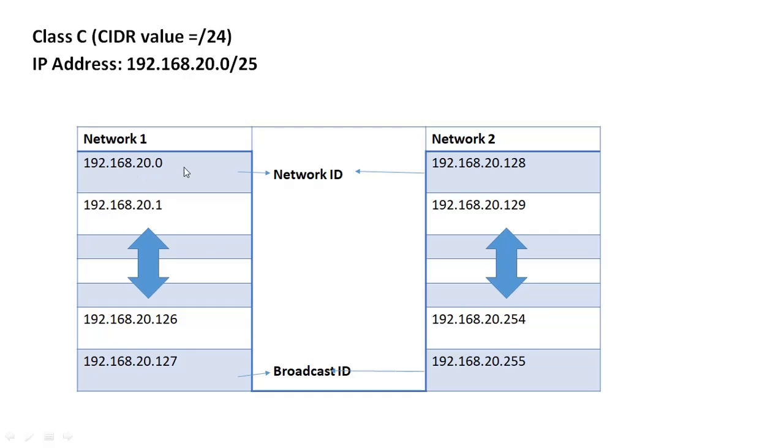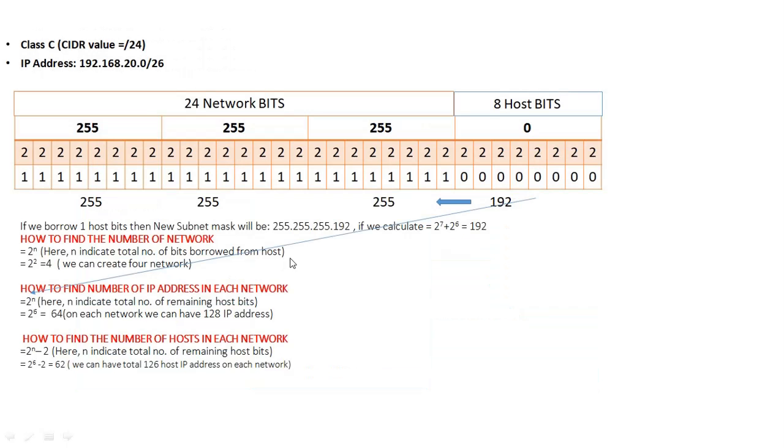The first IP address in each network is allocated for the network ID, the last IP address is allocated for the broadcast ID, and the addresses in between are the host IDs.